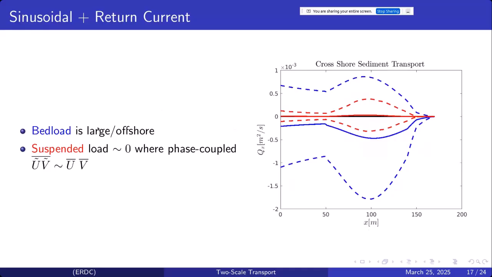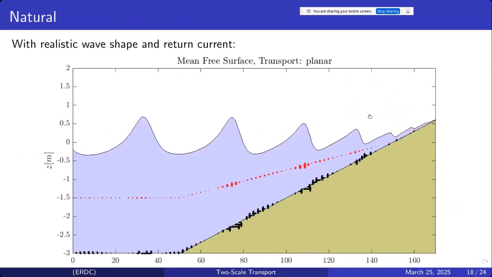If I do the same thing now, but now I include the return current, so that's the 10 centimeters per second that we looked at earlier in this presentation, and now there's a dramatic difference in the bed load, where we have an offshore directed bed load everywhere in the domain, and the suspended load, it's reduced some relative to the pure sinusoidal case, but it's not that much different.